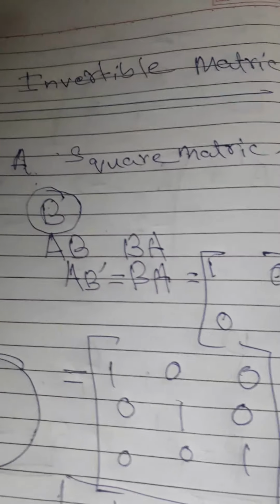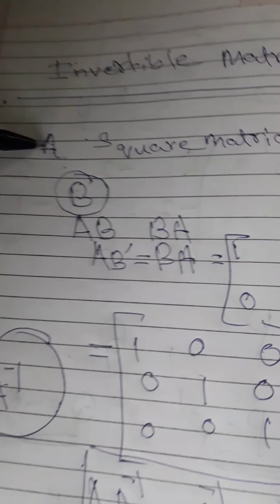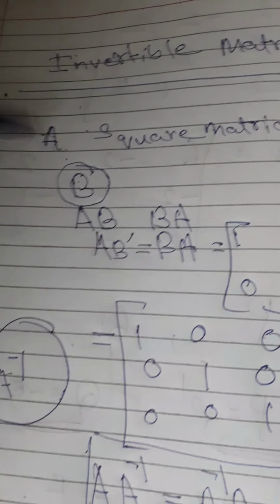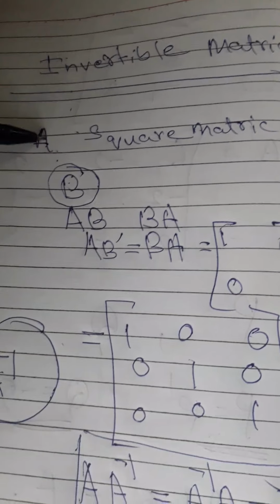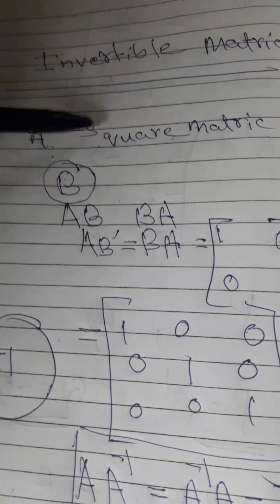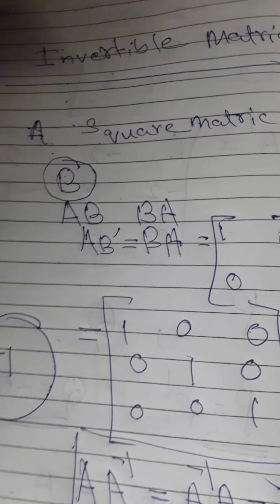Now, I will repeat this because it is a very important concept. Take a square matrix. The inverse of a matrix exists if and only if the matrix is a square matrix. Remember this.